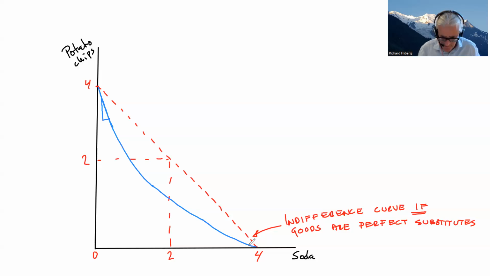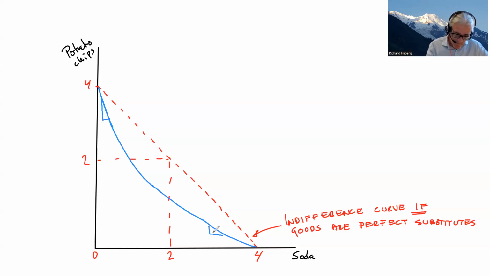Okay, so, in a position like down here, you have lots of drinks, certainly not thirsty anymore, but nice to have a little more crunch, right? So in a case like this, you're willing to give up much less in terms of potato chips to get more soda. Okay, so what is this saying? Well, it's saying that the marginal rate of substitution depends on how much you have of each good.